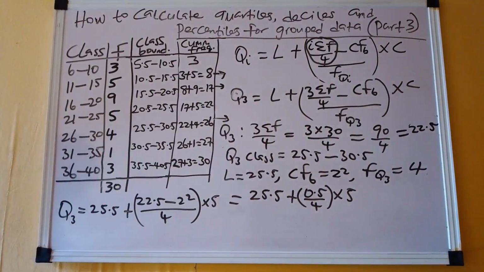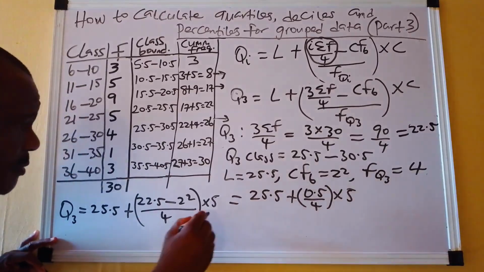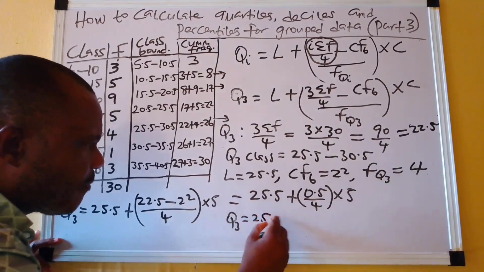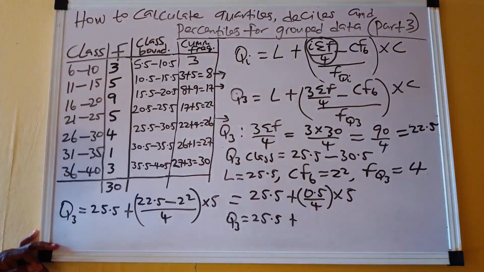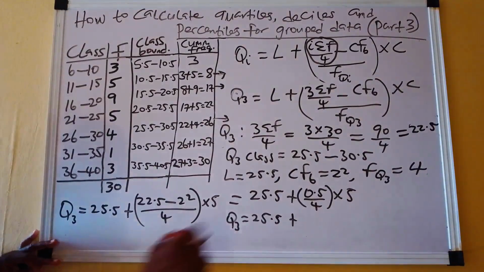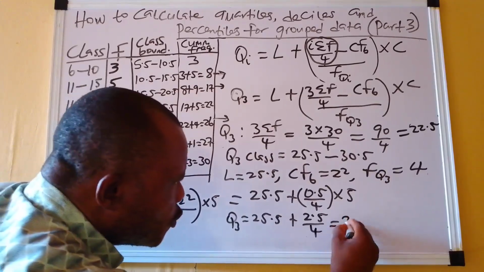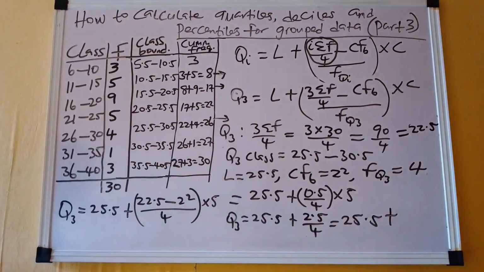Now if you go ahead and do that, our Q3 is equal to 25.5 plus 0.5 times 5 is 2.5, so it will now be 2.5 over 4, and this will be equal to 25.5 plus 2.5 over 4, which is 0.63.